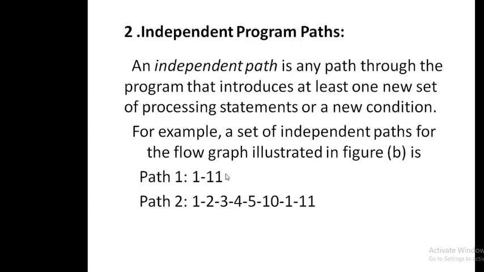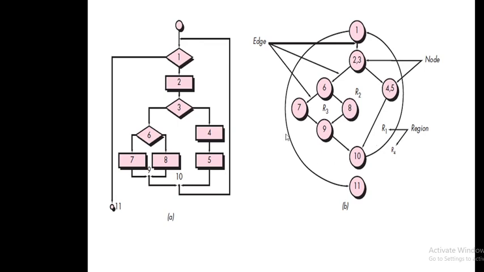For example, come to this diagram. In this flow graph, how many edges are there? Basically 11 edges: 1, 2, 3, 4, 5, 6, 7, 8, 9, 10, 11. So 11 edges are there.